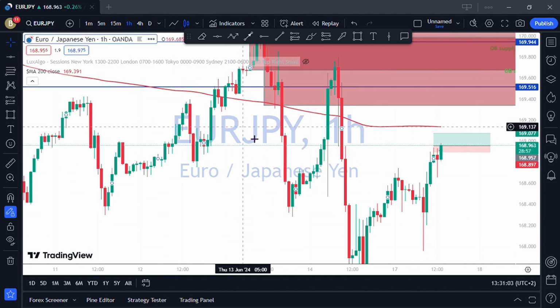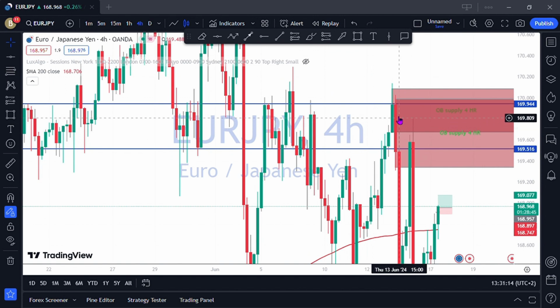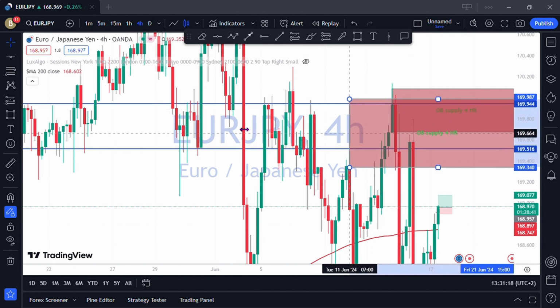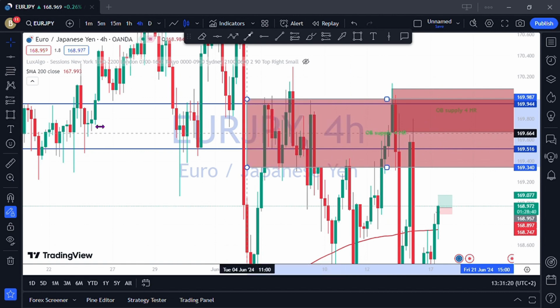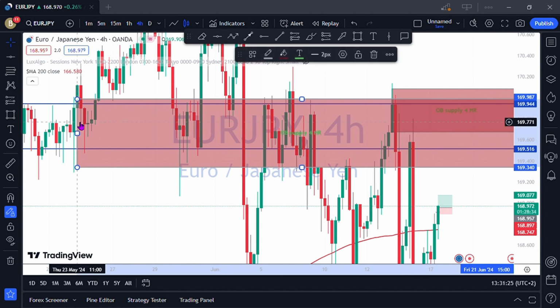And also, what I forgot is to confirm my confirmation. So my confirmation for an order block is by extending my order block to the left to see whether this order block has been tested multiple times or caused a major move.